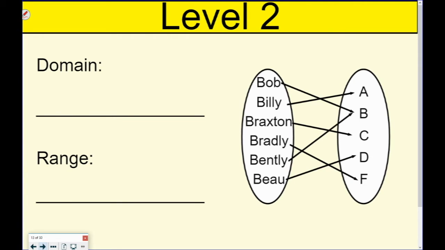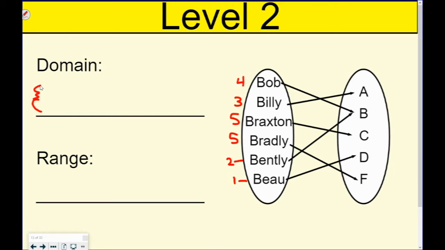Okay, another one. This one's got names in it. Now, for domain, we always go from least to greatest. So when we're dealing with words, we would do it in alphabetical order. It would be Bo first, then Bentley, then Billy, and then Bob, and then Brady and Braxton.